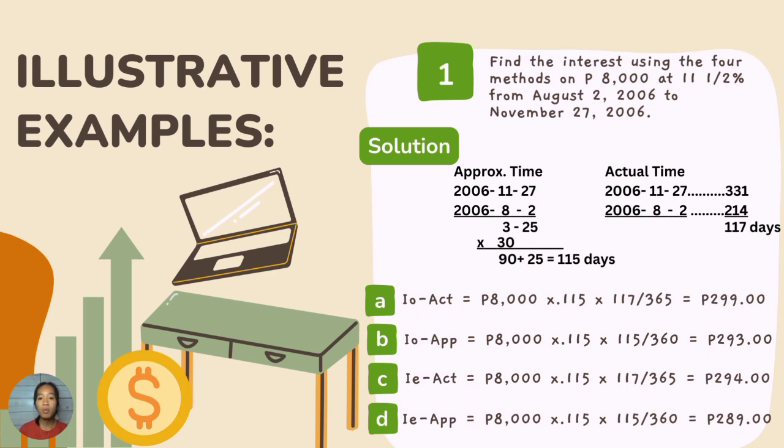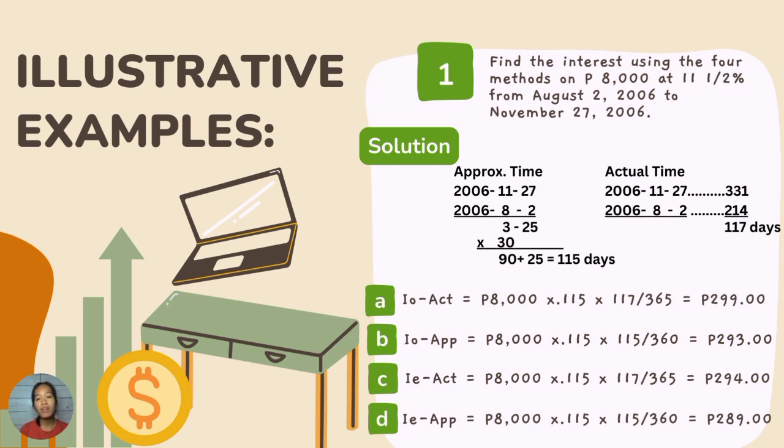So now we will proceed to the actual time. From January 1, 2006 to November 27, 2006, we have 331 days.